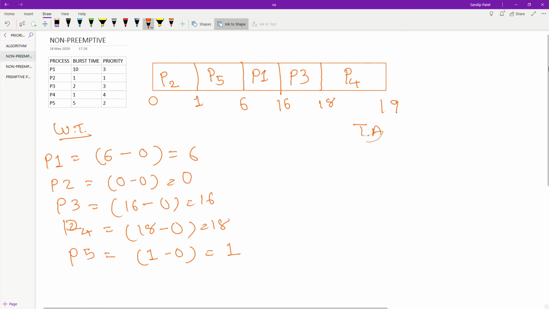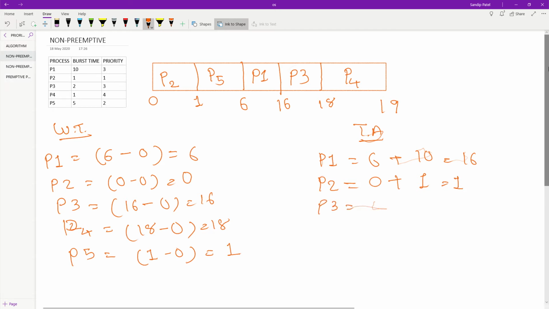Turnaround time for each process. P1 is equal to waiting time 6 plus burst time 10. Sorry, it's 16. P2: waiting time 0 plus burst time 1, so it is 1 millisecond. This way P3: 16 plus 2, that is equal to 18.